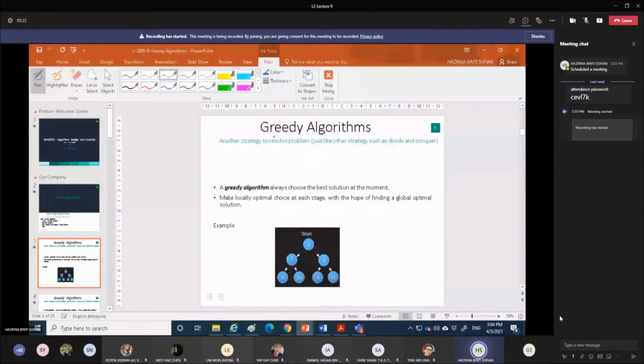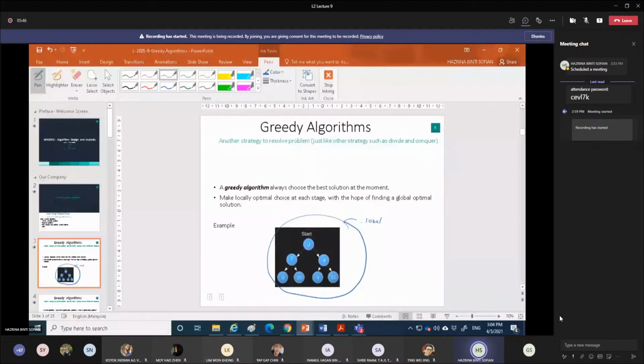So for instance, this is the problem that you are trying to resolve. This problem wants to find the highest summation. So the entire thing here is called global.